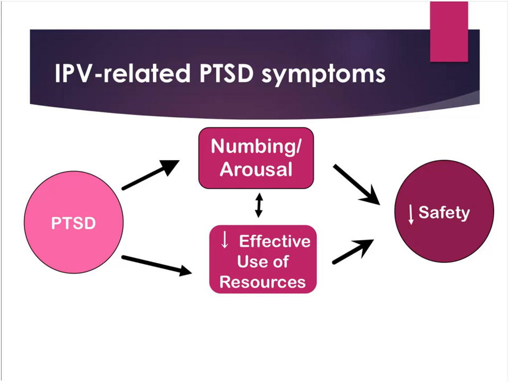And what research finds is that especially the numbing and the arousal symptoms can interfere with women's ability to access and effectively use resources. And that can ultimately impact their safety. So in designing HOPE, we really were focusing on trying to break that cycle and address the PTSD symptoms in a manner that will help them maximize the use of resources while they're in shelter.